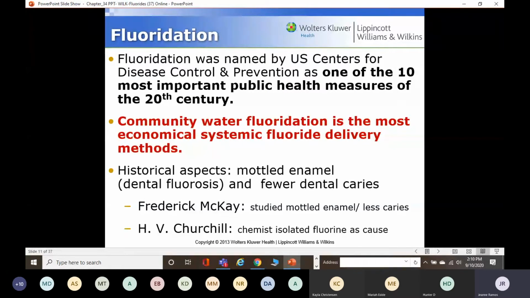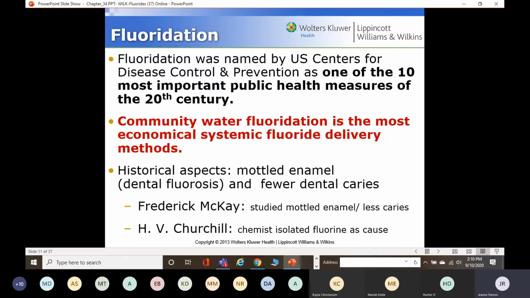Historical aspects: mottled enamel, they had dental fluorosis and fewer dental caries. So historically, there were different parts of the country that naturally had, as we talked about before, excess fluoride and didn't even have anything added to it.